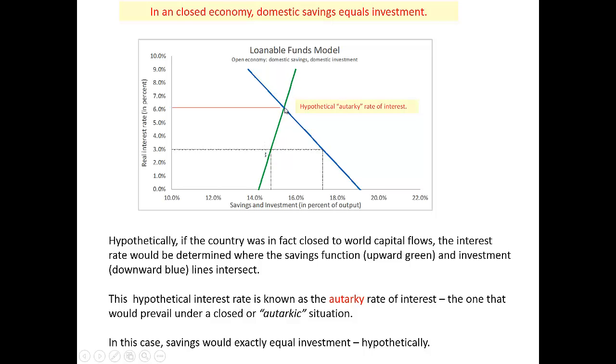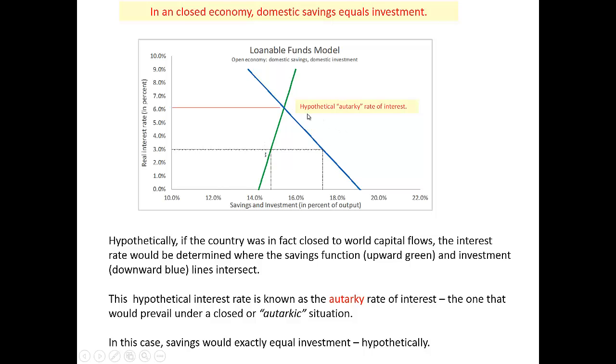Because an increase in the interest rate is a reward for more savings, whereas investment, on this downward sloping blue line, the message here is that when the interest rate falls, the cost of capital falls, capital becomes cheaper, and so firms will invest, they will make more expenditures on capital formation.